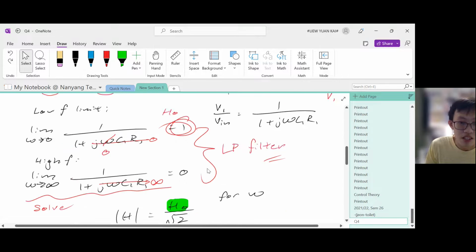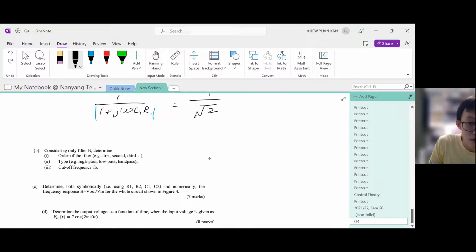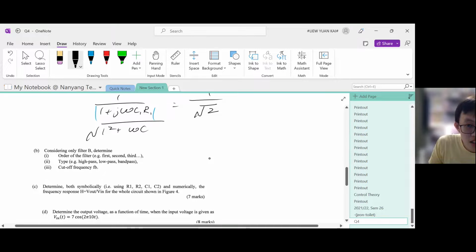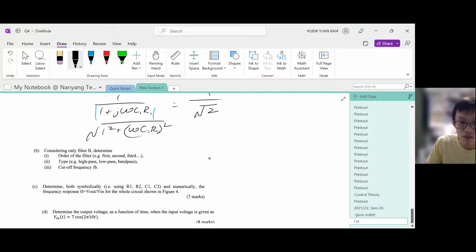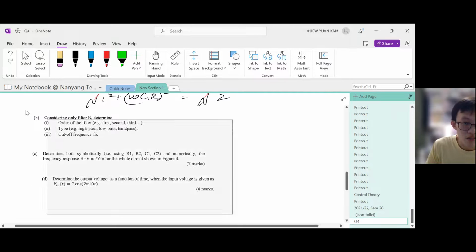The modulus of a complex number is given by this formula. This is the modulus formula for complex numbers, equal to root 2. Both sides have a square root, so I can drop them.